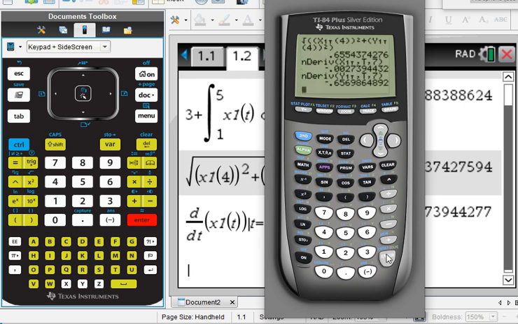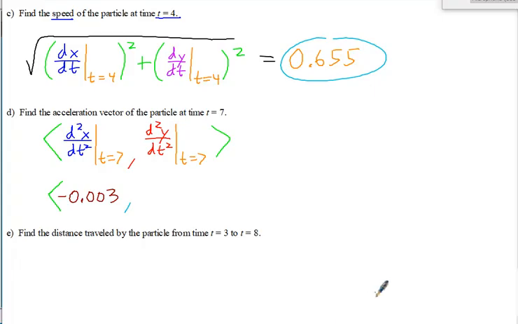And we get negative 0.5657. The acceleration of the y coordinate, or the vertical acceleration, you could call it.